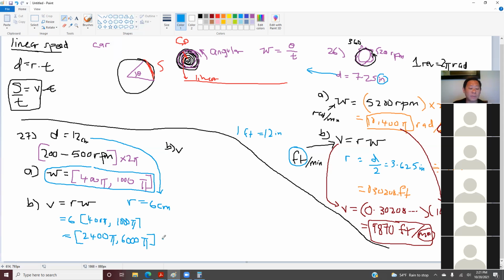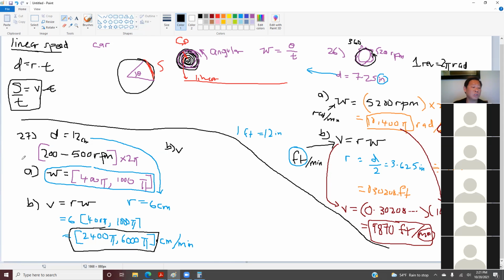So this will be centimeters per minute. So your answer in this case is, the lowest is 2400 pi, because 6 times 400 is 2400, and the highest is 6000 pi, which is 6 times 1000, and the units are centimeters per minute.